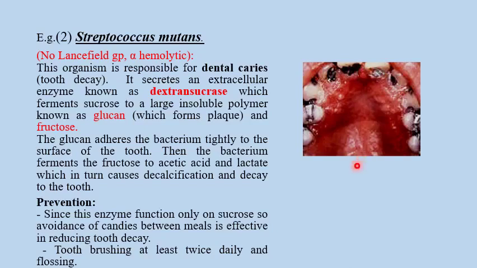For prevention, since this enzyme functions only on sucrose, avoidance of candies or any sugary substances between meals is effective in reducing tooth decay. That means we shouldn't eat sugary things between meals and then not wash our teeth, as that can lead to this tooth decay. It's advisable of course to do tooth brushing at least twice daily.